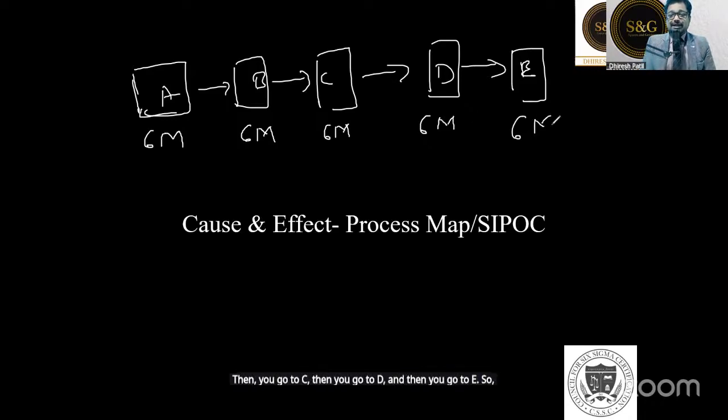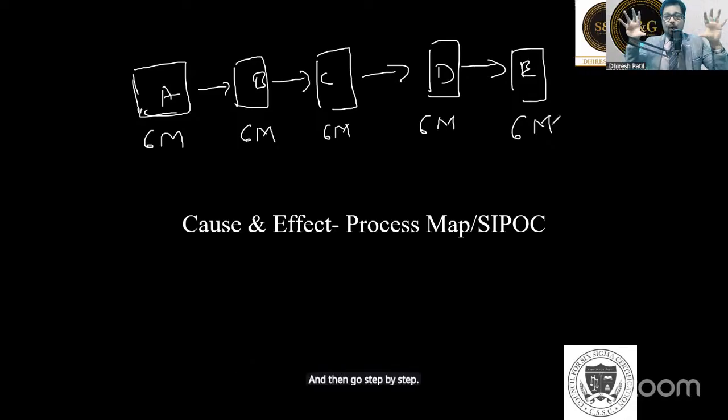This way, step by step, you can do it in the brainstorming itself. Make a complete process map, or just display it on the board, and go step by step. Take only step A, let's say, and brainstorm as many causes as possible.